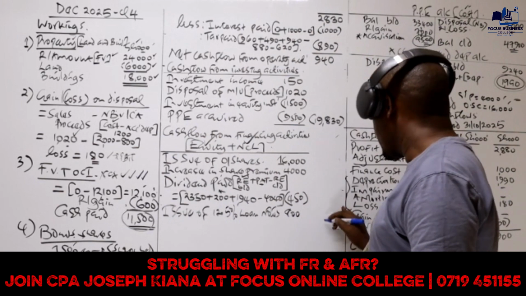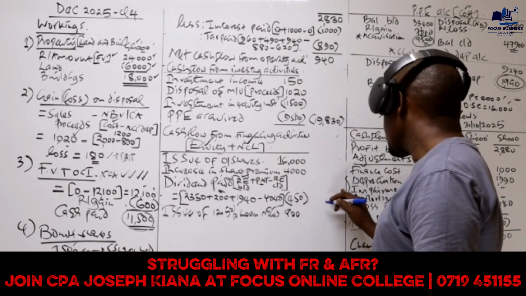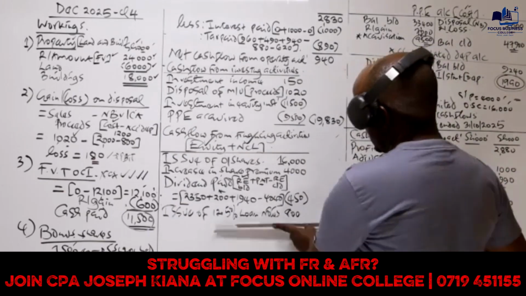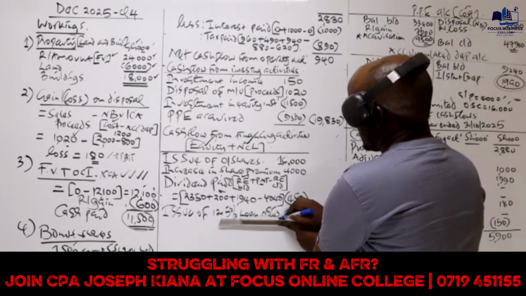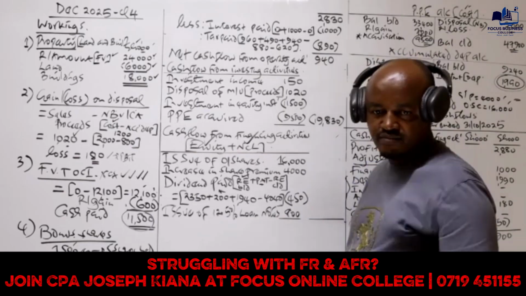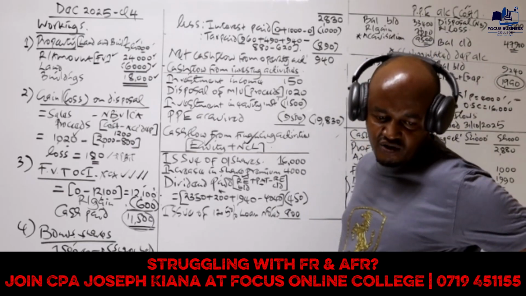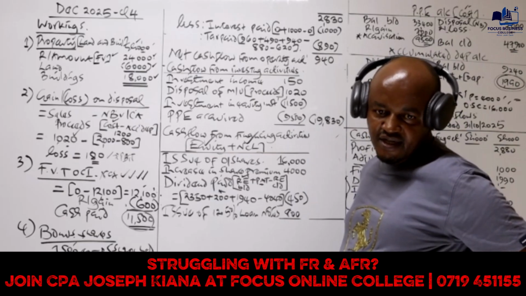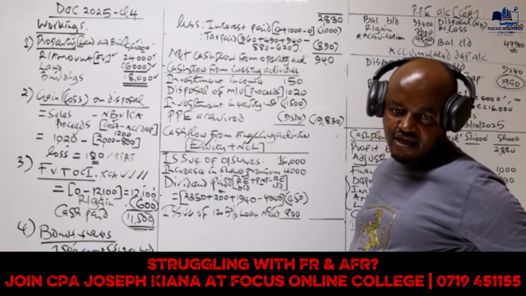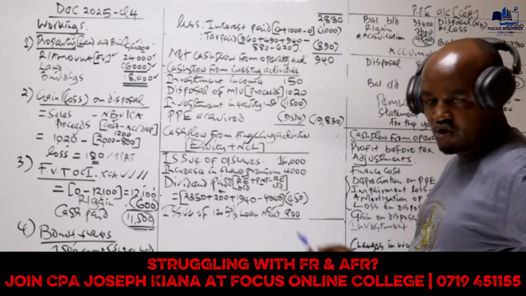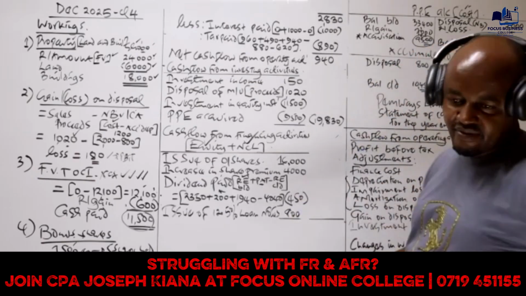Is the increase 800? Increase in 12.5% loan notes. At the start 76, at the end 84. Yes, we have an increase of 800. So that is caused by issue.